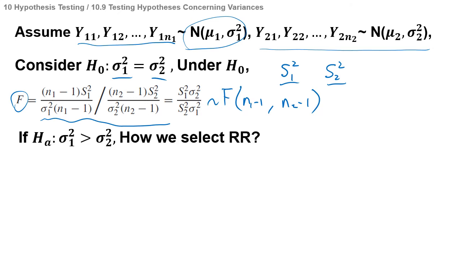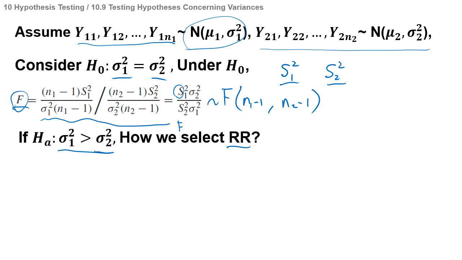So if our alternative hypothesis is sigma 1 square is greater than sigma 2 square, the rejection region would be if we have a larger value of F. If S1 square is larger than S2 square, which is a large F, that supports the claim sigma 1 square is greater than sigma 2 square.